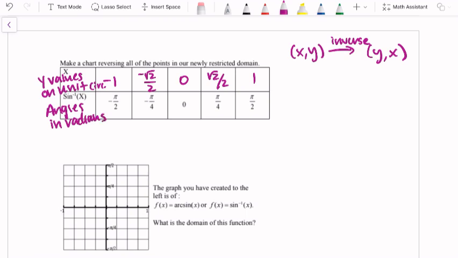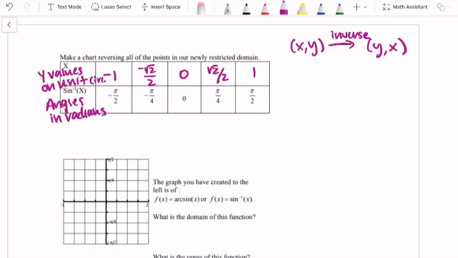So let's go ahead and plot these points and see what our inverse sine function looks like. I see here that my y-axis is labeled with those radians, and then my x-axis is measured with those other values. So at -1, we're at negative pi over 2, so we're down here.